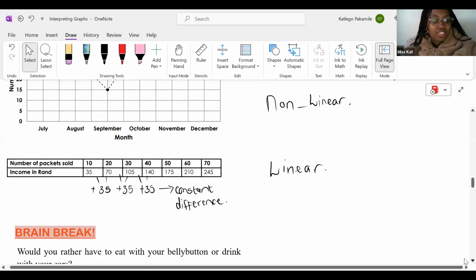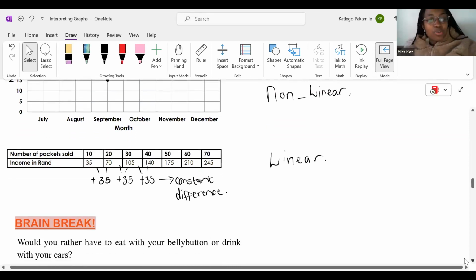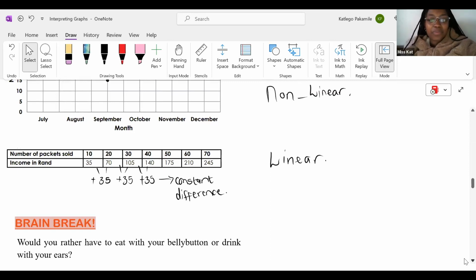I have interesting questions. Would you rather have to eat with your belly button or drink with your ears? In my weird fashion, of course, my questions are going to be strange. Would you rather have to eat with your belly button or drink with your ears?